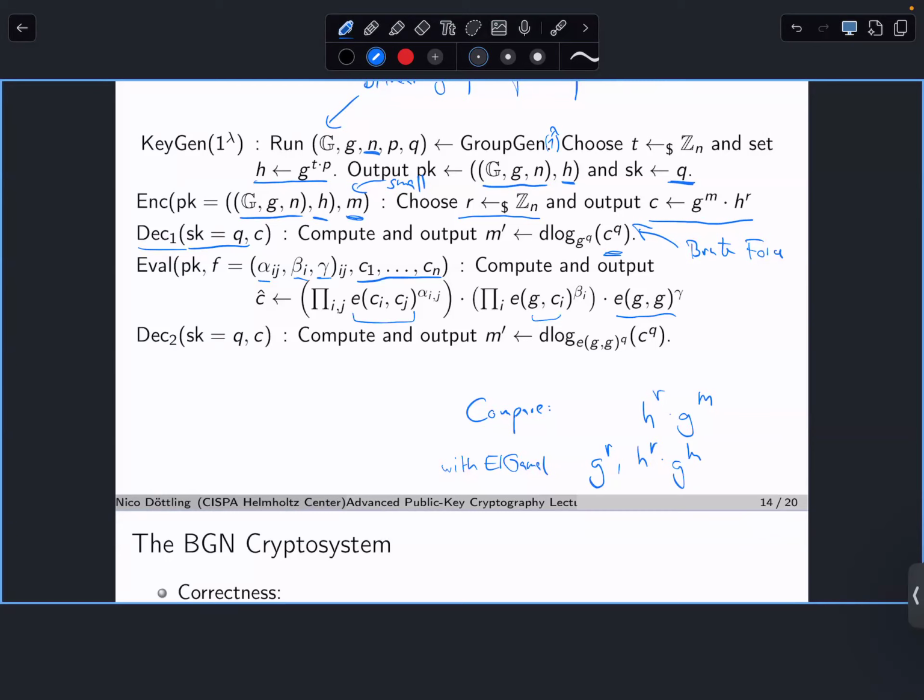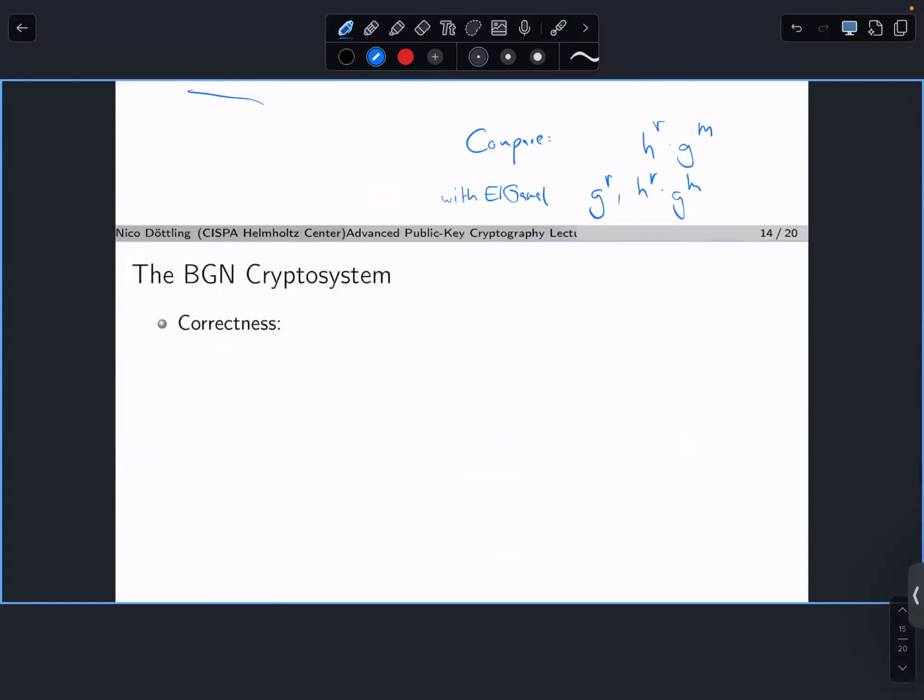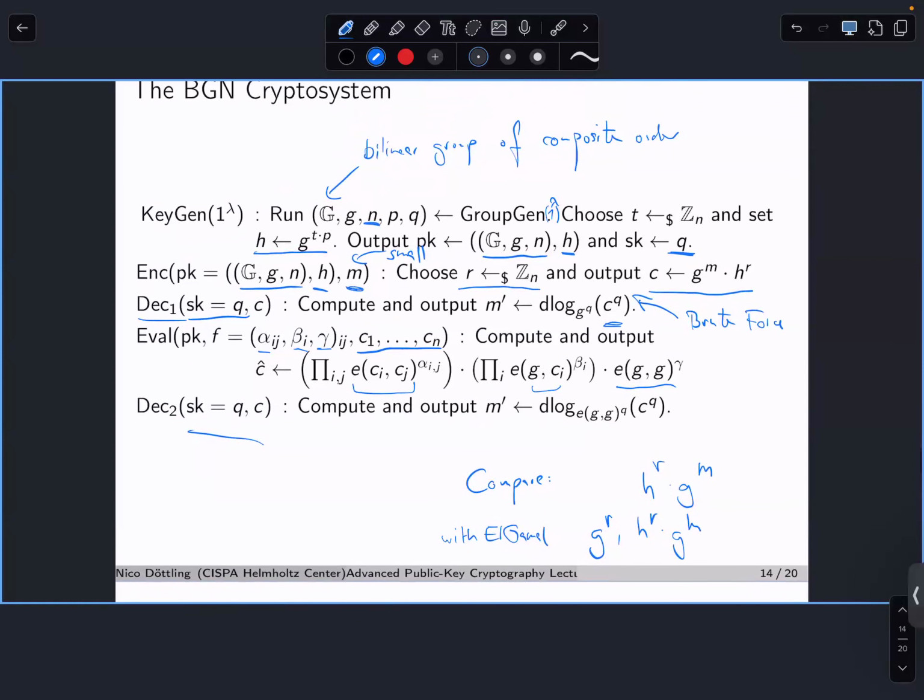And DEC2 is also simple. Now here, since the ciphertext lives in the target group, right? DEC1 takes ciphertexts that live in the source group and decrypts them. DEC2 takes ciphertexts that live in the target group, and the generator of the target group is this e(G,G). And to go into the subgroup of order P, we just raise it to the Q.